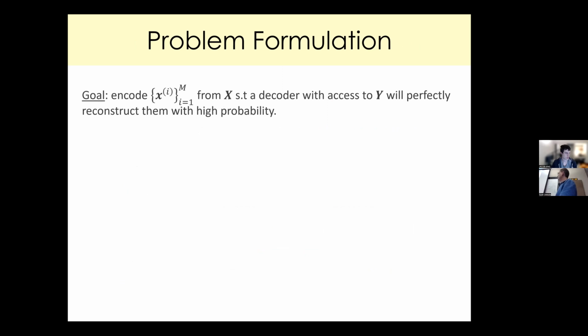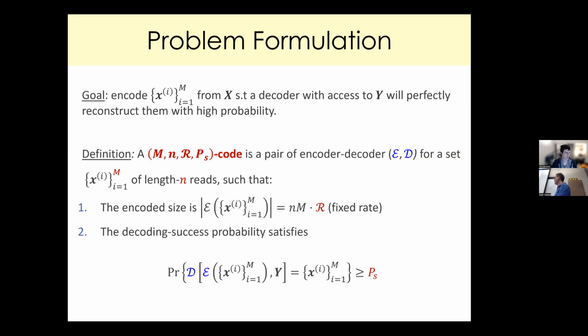Now the problem is basically to get a batch of reads where the decoder has access to Y, and just compress it such that we get the lowest possible rate, but still we are able to reconstruct it with high probability. For that, we define a code with 4 parameters. N is the read size, M is the number of reads in a batch. You kind of know those.